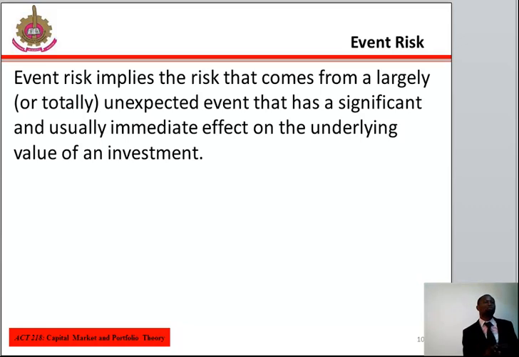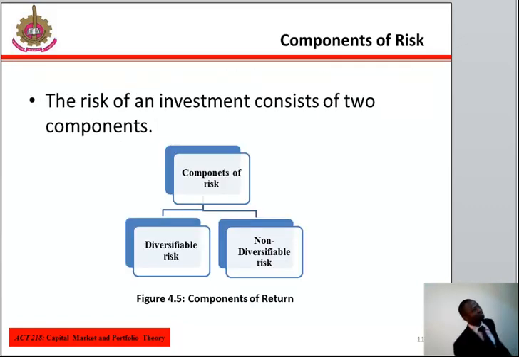Event risk goes beyond business and financial risk. It does not necessarily mean the company or market is doing poorly. Instead, it involves a large unexpected event that has a significant and usually immediate effect on the underlying value of an investment. Event risk can take many forms and can affect all types of investment instruments.